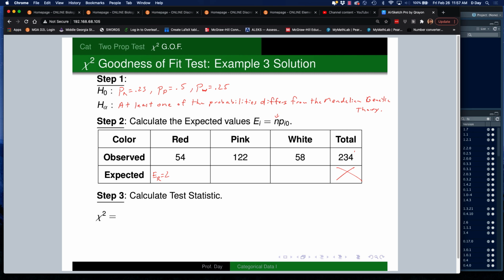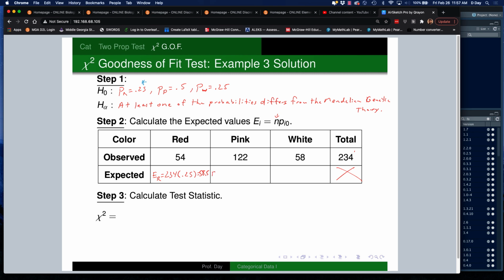We take 234 and multiply it times the probability that we were given in our null hypothesis, which is 0.25 for the red. When I do that, the expected value outcome for this case is going to be 58.5. Well, that one's bigger than 5, so we're good to go. Assumptions so far so good.